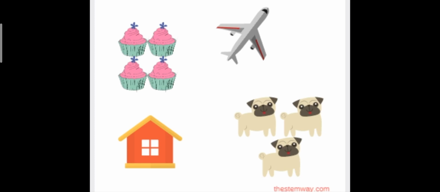We have 4 cupcakes which are more than one. If a thing is more than one, that means many. So here we have many cupcakes. Then one aeroplane, one house and many dogs.